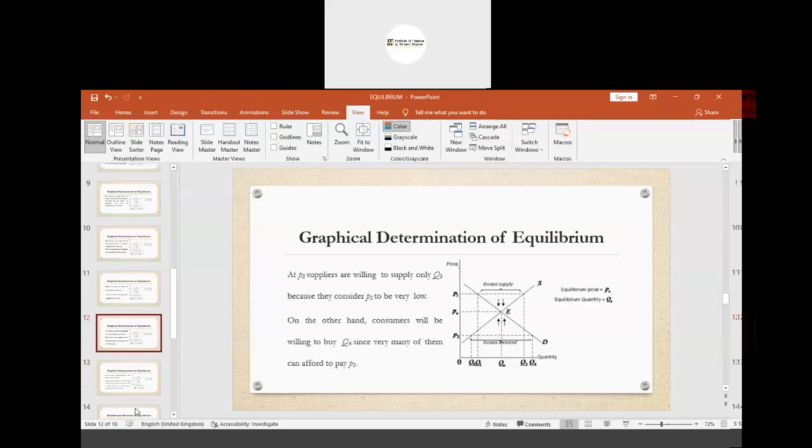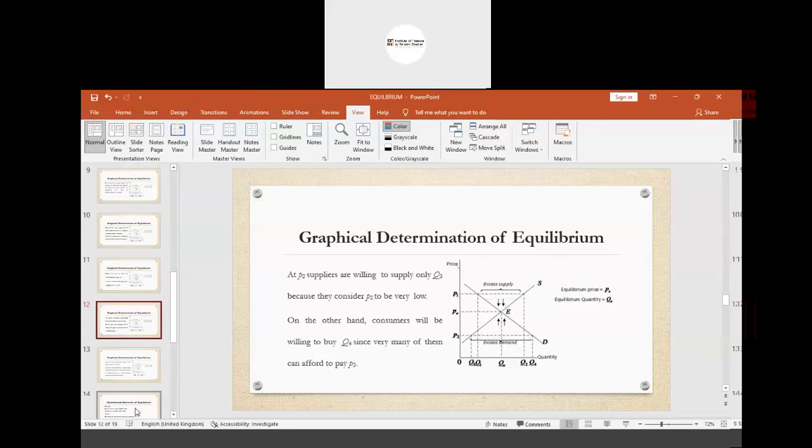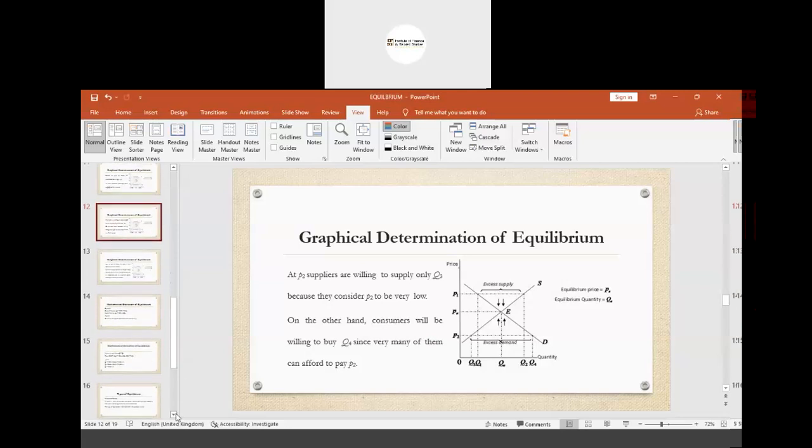And what will happen? Suppliers will consider that price too low and will not want to supply the market. On the other hand, consumers will consider that price to be just right, and therefore they'll want to buy more.